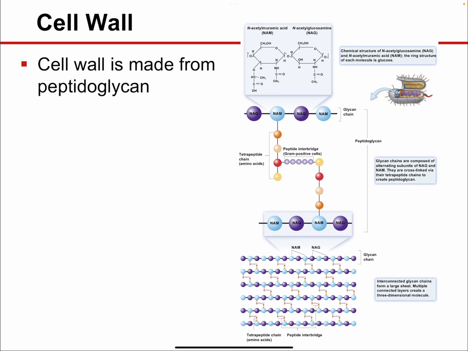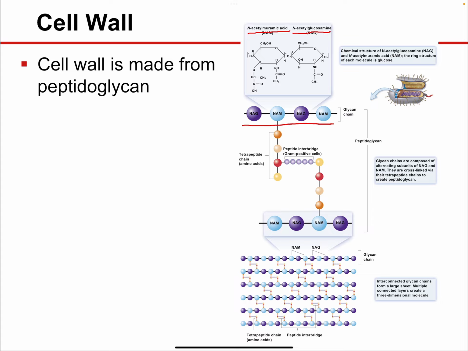Now, what is the structure of the peptidoglycan? The peptidoglycan is going to be made up of glycan chains, and each glycan chain is basically two sugars. One, N-acetylmuramic acid, NAM, to which an N-acetylglucosamine, NAG, is attached.